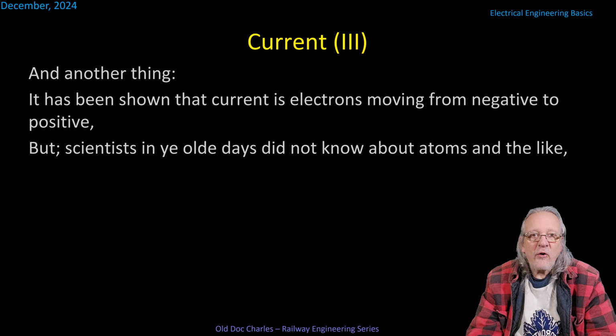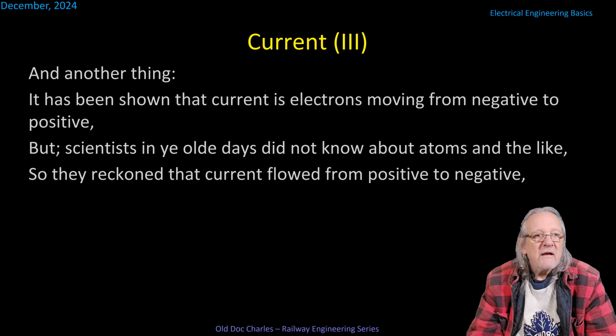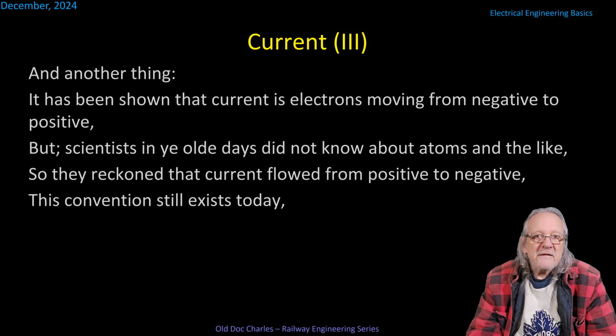But in the olden days, the scientists who were first doing the first studies of electricity, so that's Faraday and Coulomb and all these old geezers, really didn't know about atoms and how atoms worked or anything like that. So they reckoned that current flowed from positive to negative. And this convention still exists today, even though we know different.